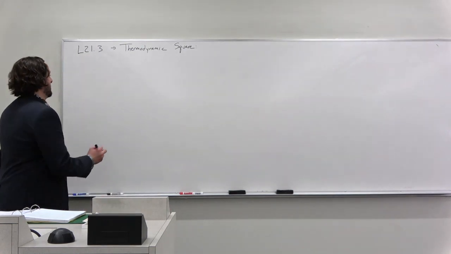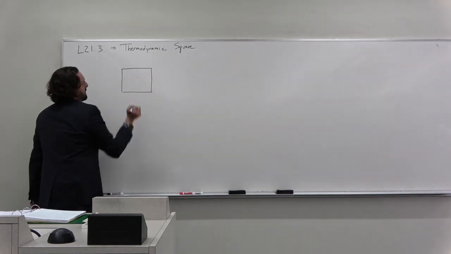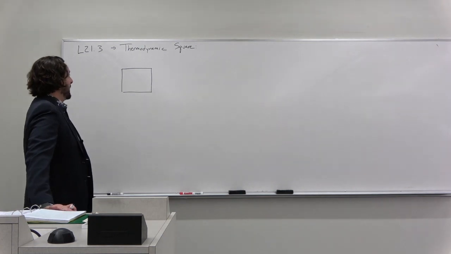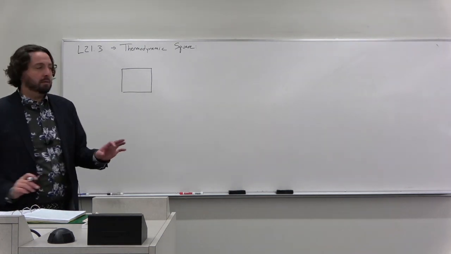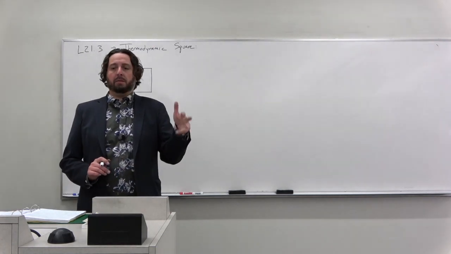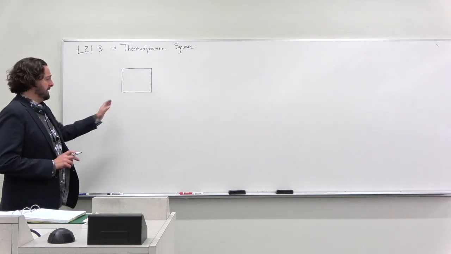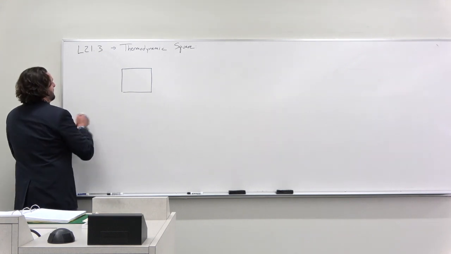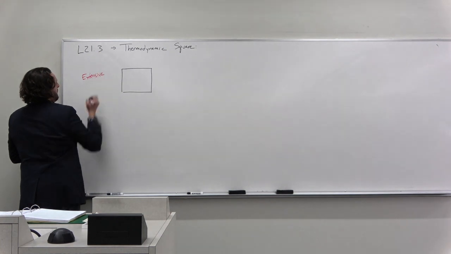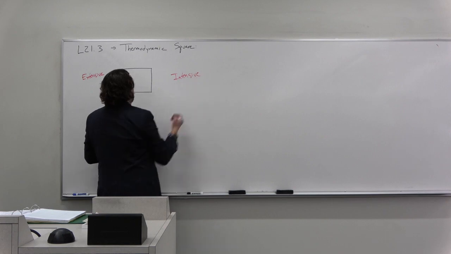Okay, so it literally means draw a square. We're going to use this square as a mnemonic, basically. So we're going to label it with our thermodynamic variables. Remember, our thermodynamic variables were S and T and P and V. So what we're going to do is have the extensive variables on the left and the intensive on the right.